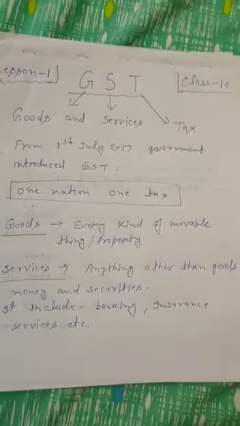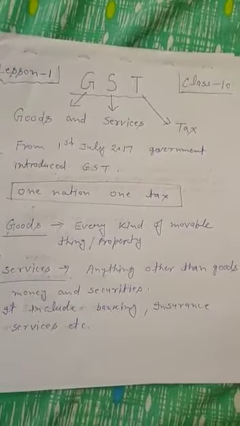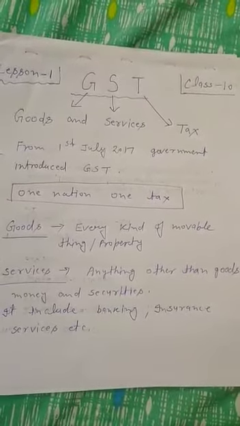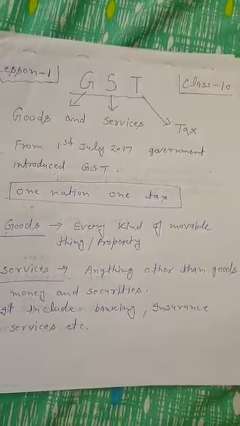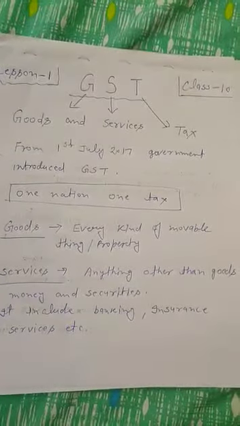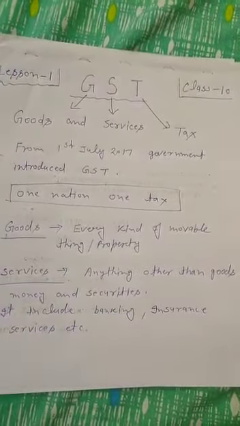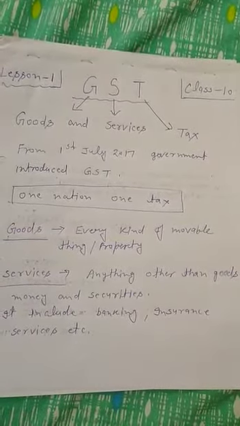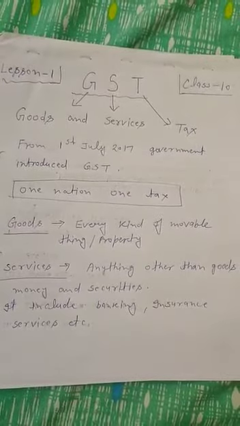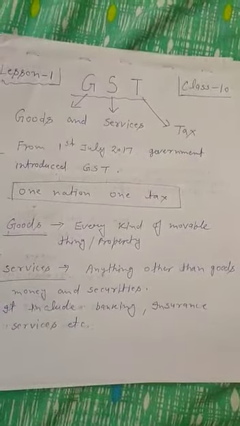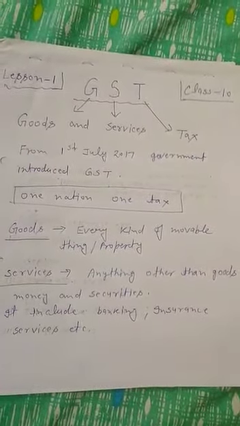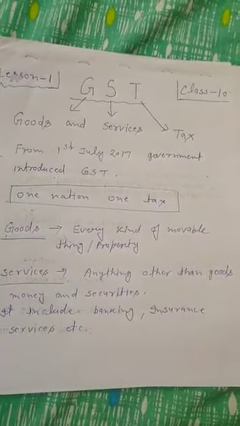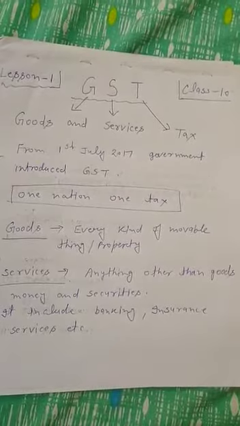So much complexity in the tax system. So from 1st July 2017, the government introduced one tax, that is GST. Means one tax includes all other taxes. So its name is also one nation one tax. Means the government wants one nation, one tax in all India.